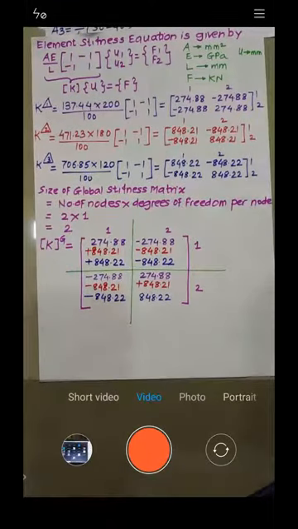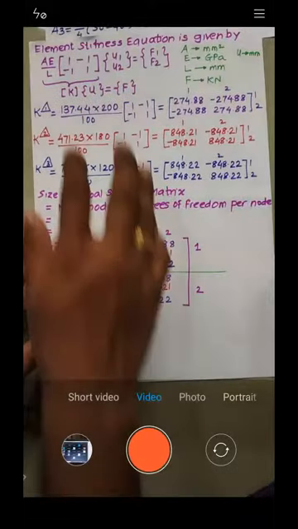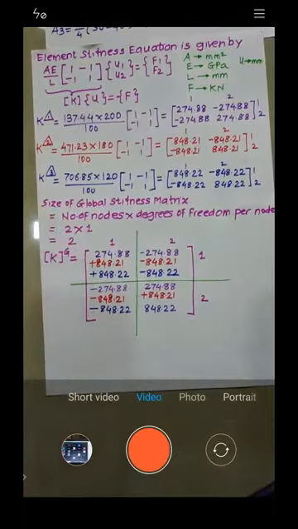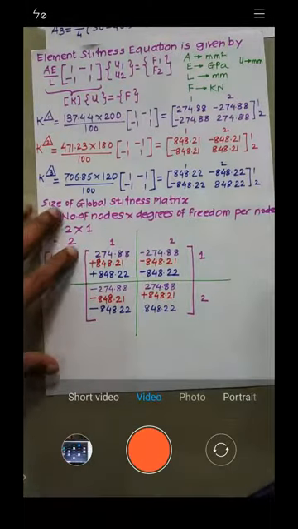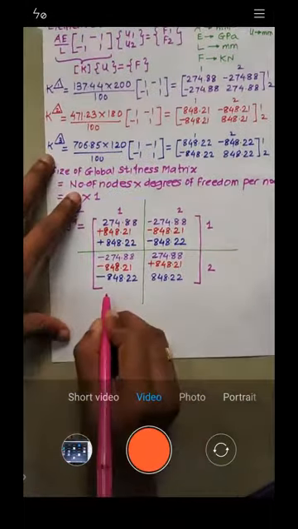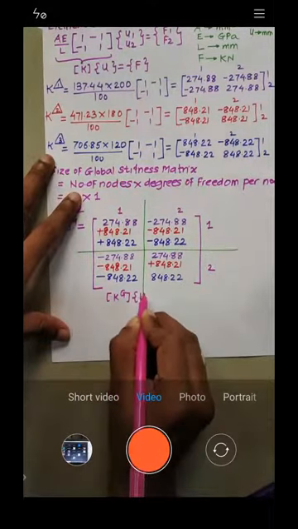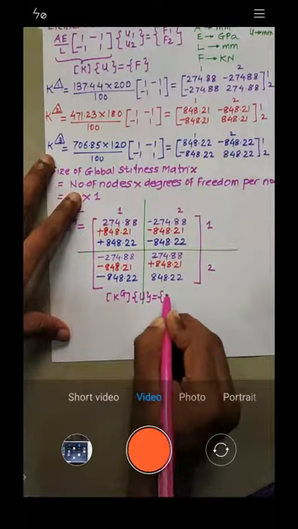Now what we'll do is, see, now you know this equation. Element stiffness matrices into displacement is given by force. Okay, so on similar lines, we have global stiffness matrices multiplied by displacements is given by force.